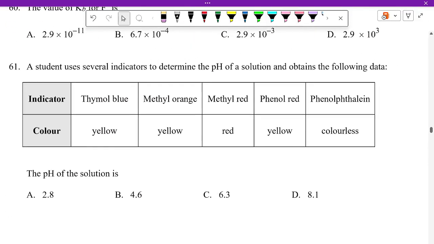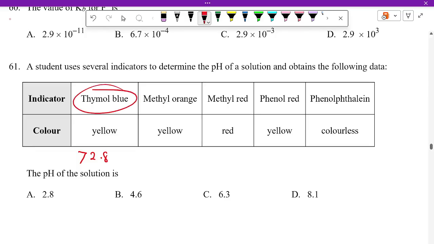We have several indicators to determine the pH of a solution, and we obtain the following data. We would need our book for this. I'm not going to flip back and forth. I'll just write some stuff down. Thymol blue is yellow, which means our pH is greater than 2.8. But I remember that thymol blue is funny. It's got 2 transition points.